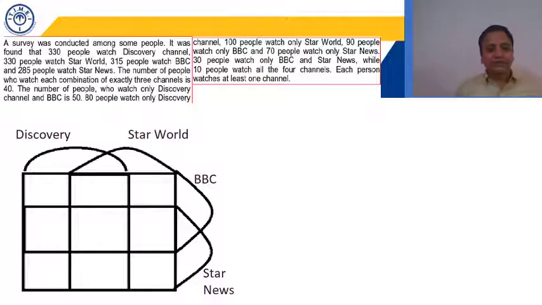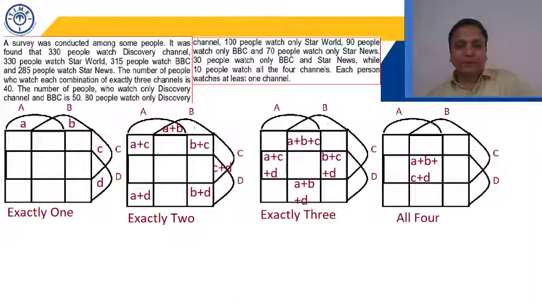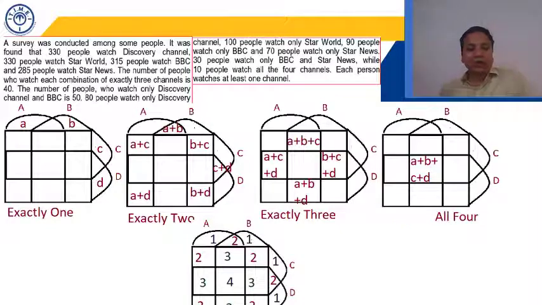Basic theory we have discussed. I hope this is clear. Exactly 1, exactly 2, exactly 3 and all 4. And this is the basic representation.